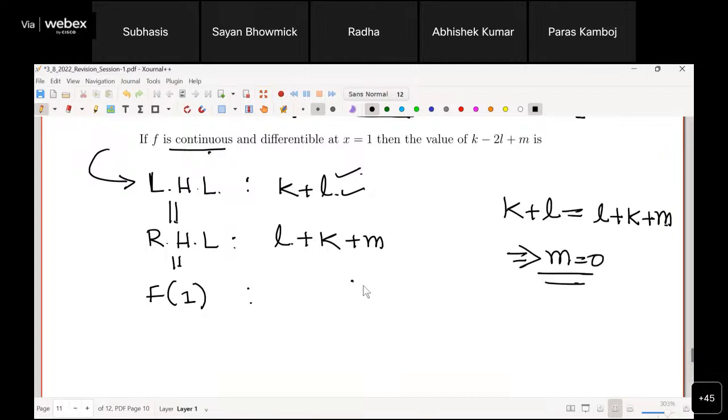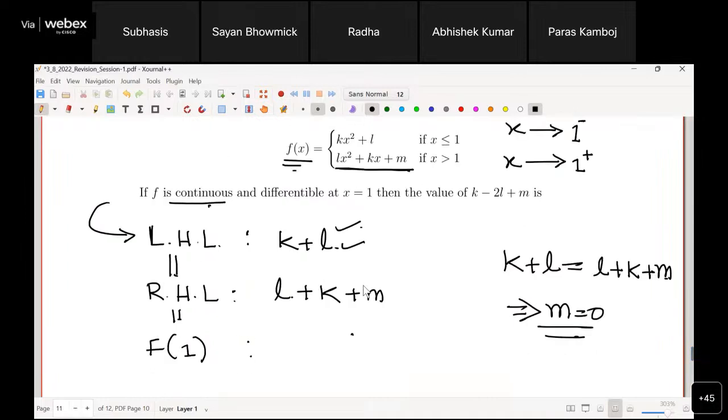So if f is continuous, then m has to be 0, and I can remove it from this expression. Because if m is not 0, then f can't be continuous, and if f can't be continuous, then certainly f can't be differentiable either. So m has to be 0.